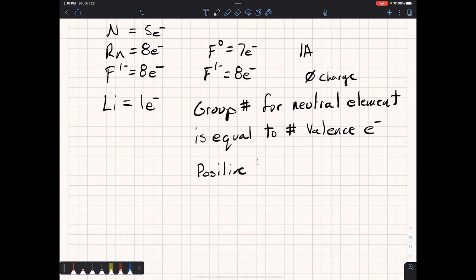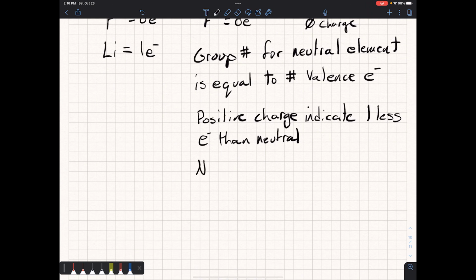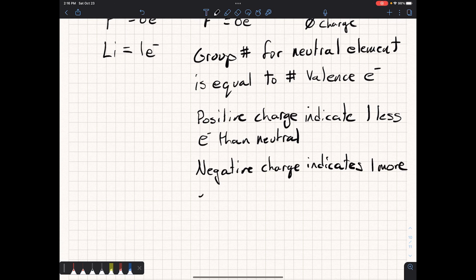And then a positive charge indicates 1 less, or I should say 1 less electron than neutral. And then 2 positive charges would be 2 less. And a negative charge indicates 1 more electron than neutral.